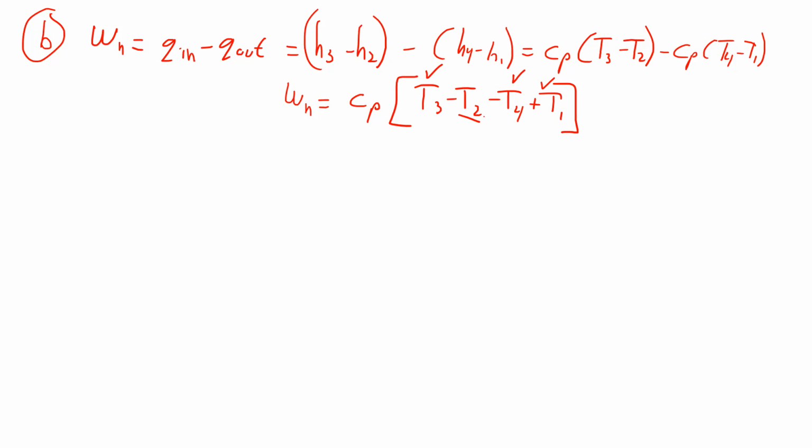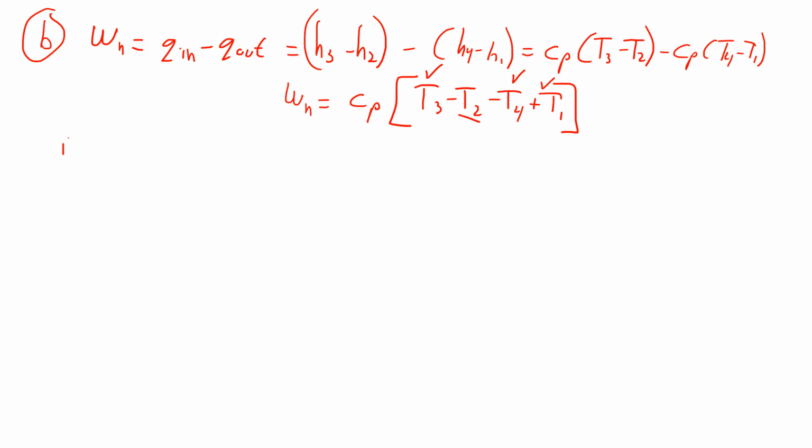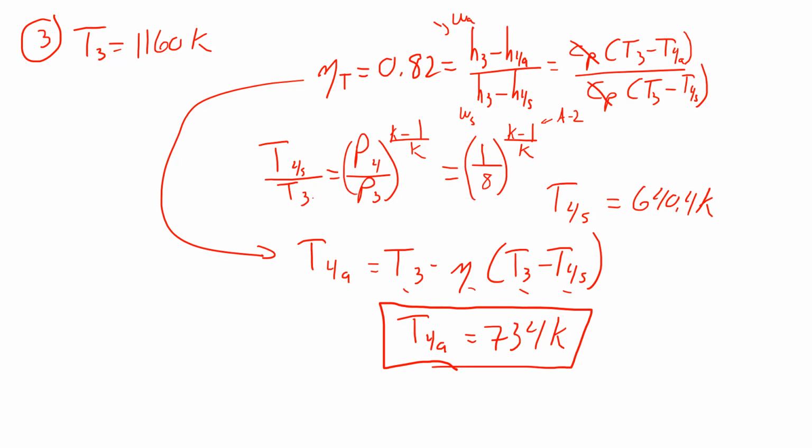The unknown is T2. So if I want to find T2, I know that at state 1, I'm given that the temperature is 310 Kelvin. Now I'm going to go ahead and find T2 much in the same way that I found T4 actual in the prior slide.